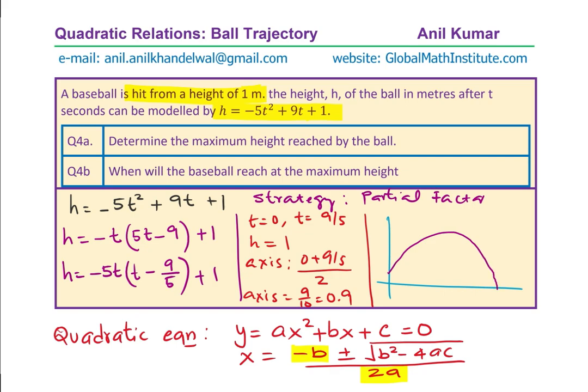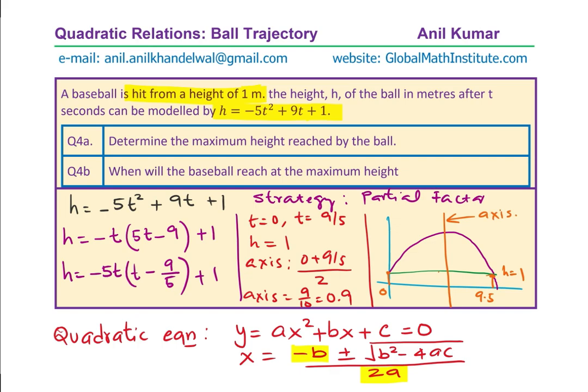What we figure out here is that there are 2 points which give a height of 1 meter, at t equals 0 and at t equals 9 by 5. These are the 2 points that have the same height of 1, right? So right in the center, midway between them, is the axis we are talking about.